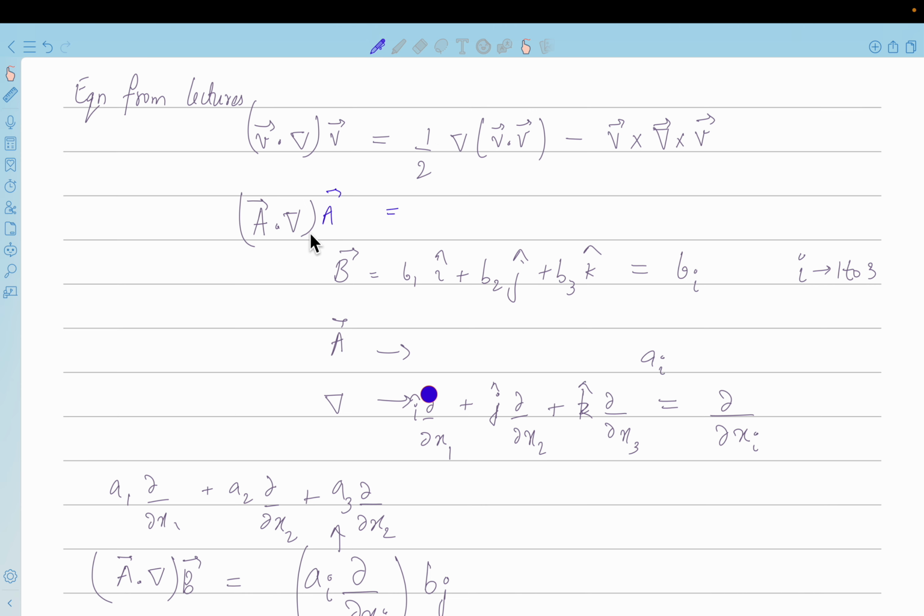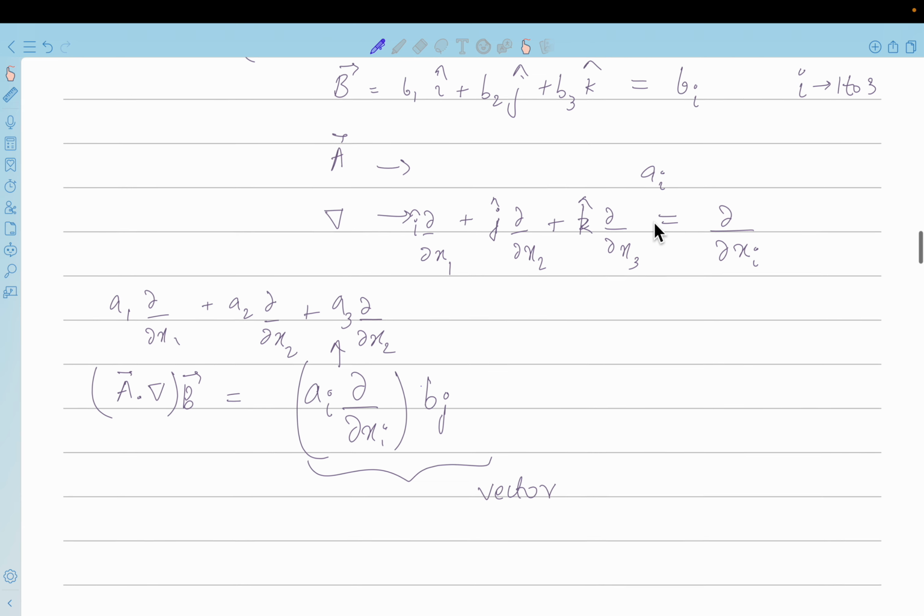So A dot grad on A equals half del A dot A, minus A cross curl of A.